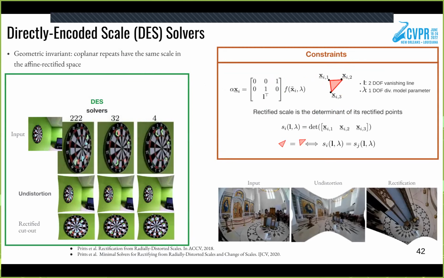So with these solvers, we couldn't do much to simplify these constraints. Essentially what we did was plug them into a solver generator. They turned out to be unstable because they're complicated. So what we had to do was called basis sampling: you write a scene generator, you can use geometric error or algebraic error, and you generate different bases to find out which one gives you the most stable solver.